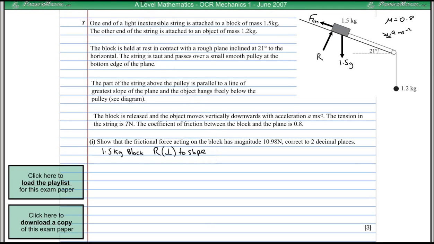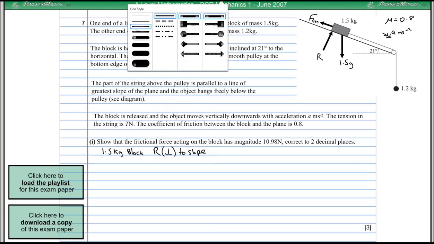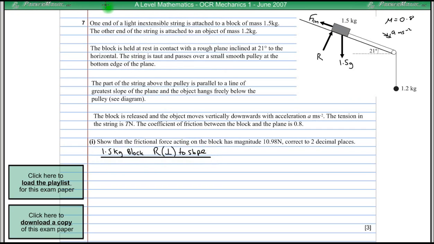Okay, it's always a good idea in questions like this, particularly the longer, more complicated questions, to be specific about what you're doing. So let's take downwards into the slope to be the positive direction. So we've got this force of 1.5 g, and the component of that that's going into the slope is 1.5 g cos 21 degrees.